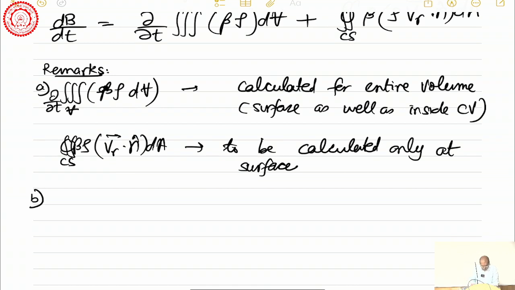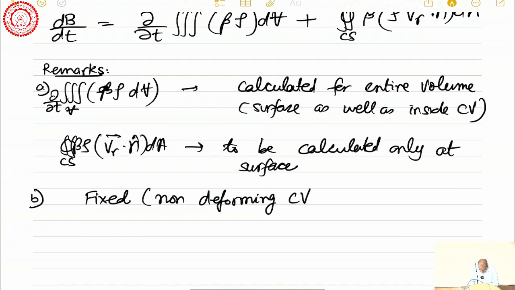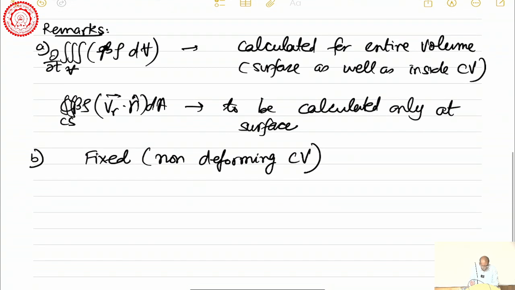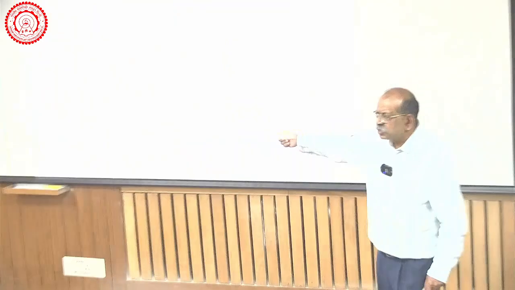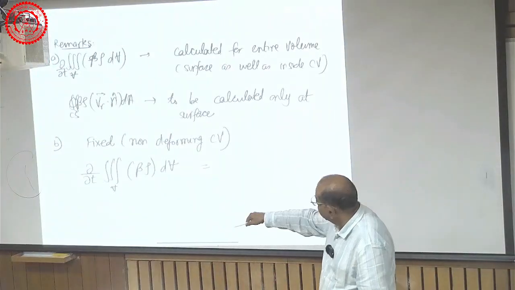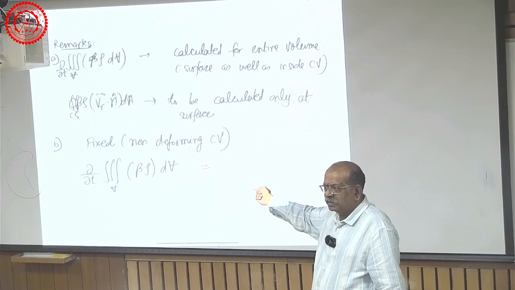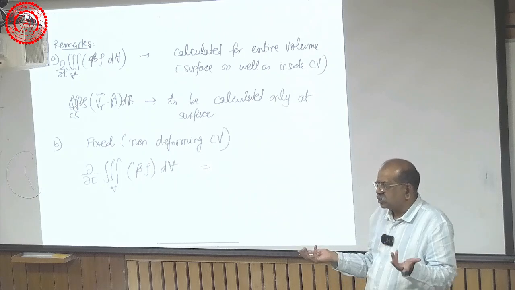The second remark we have is, if we have a fixed or a non-deforming control volume, then let's look at this term d by dt. Since the volume is fixed, it is not a function of time, I can take the derivative inside. Because V is fixed, it's not a function of time.